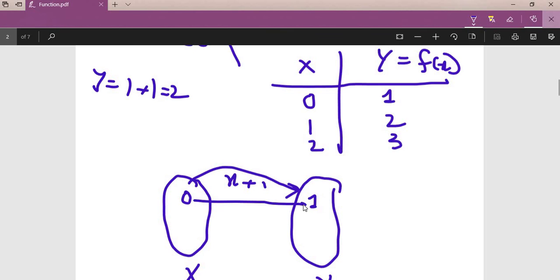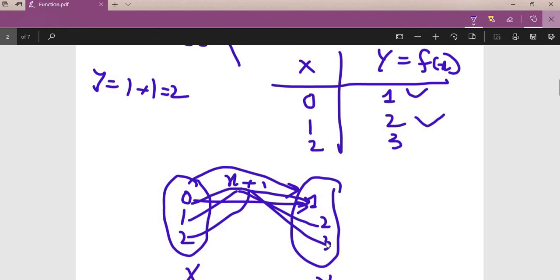So for 0, this function is giving us 1. When the input for x is 1, it passes through this function and results here. Instead of x we write 1, so 1 plus 1 is equal to 2. This is giving us 2. If I put x equal to 2, then 2 passes through this function, 2 plus 1, 3. The image will be 3.